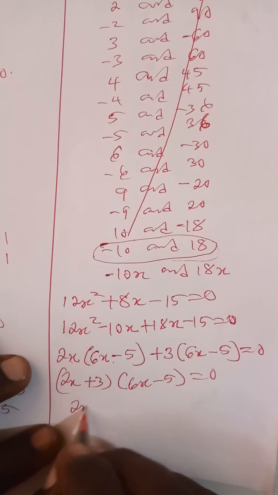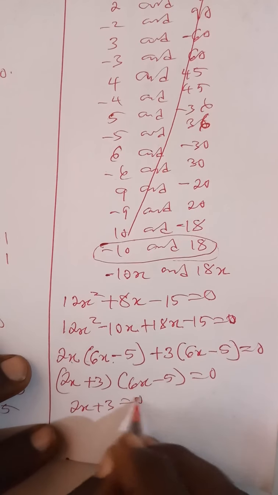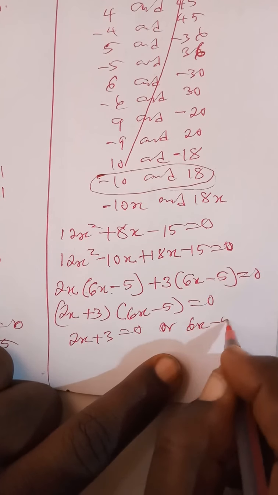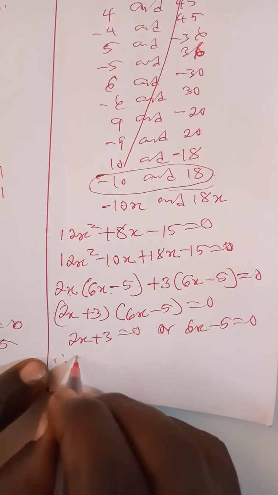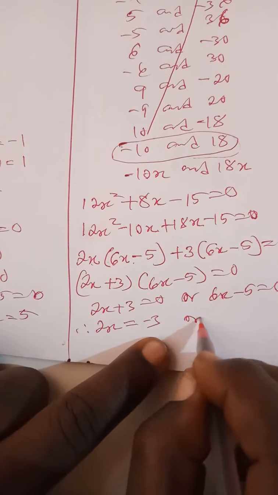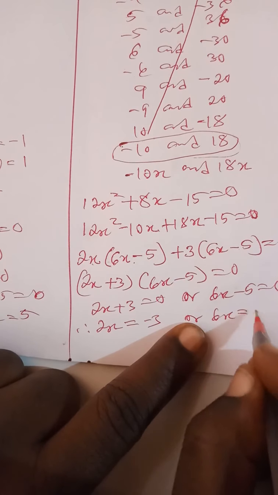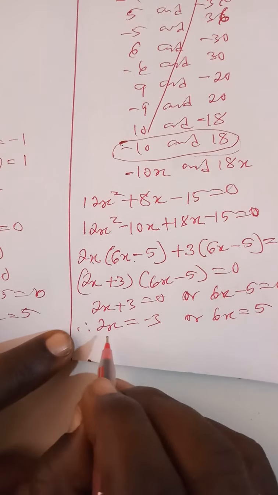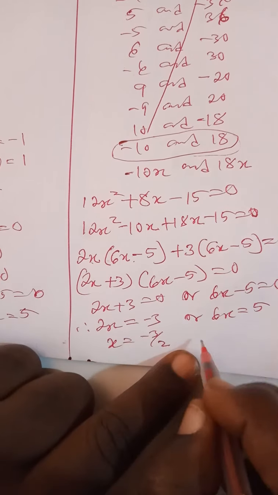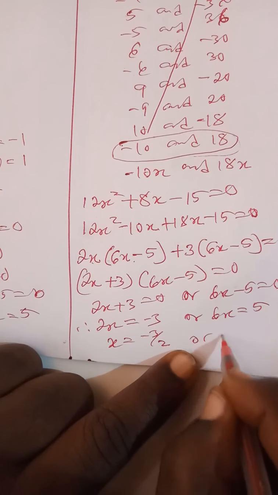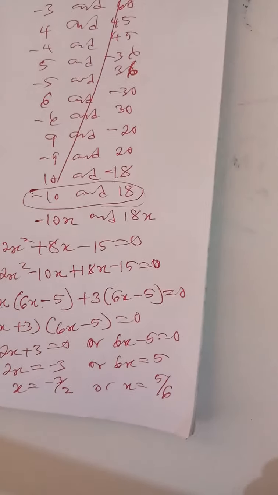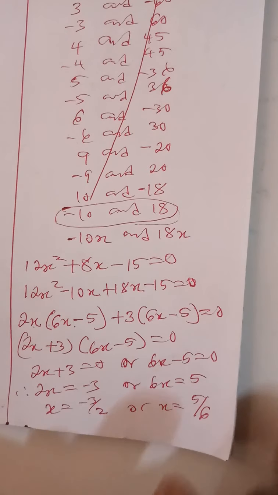So either 2x plus 3 is equal to 0, or 6x minus 5 is equal to 0. And so we have 2x is equal to minus 3, or 6x is equal to 5. If I divide through by 2 here, I'll have x is equal to minus 3 over 2. I divide through by 6 here, I have x is equal to 5 over 6. That's it. I've gotten my answers. So we go to the next question.